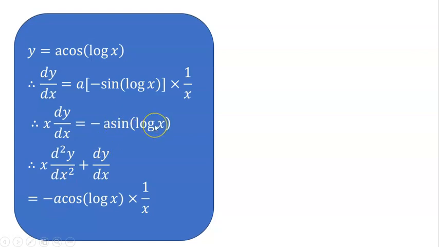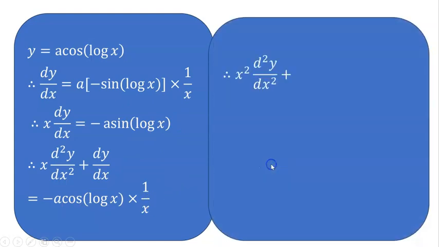The derivative of sine of log of x is again a composite function: cos of log x into the derivative of log of x, which is 1 upon x.